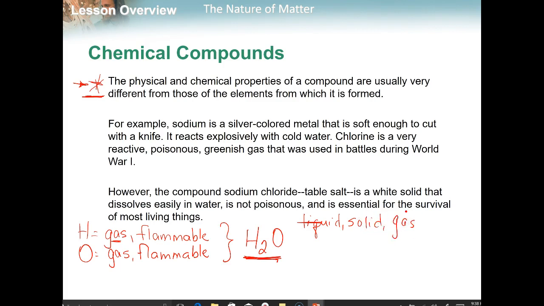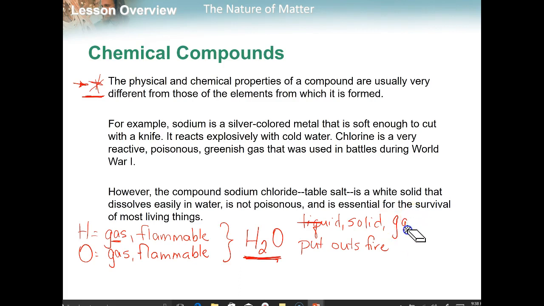We've seen water, we've seen ice, and we've seen steam. That's still H2O, so those are the physical properties. And the chemical property is that it can put out fire. By themselves the elements are flammable, but water can put out fire.